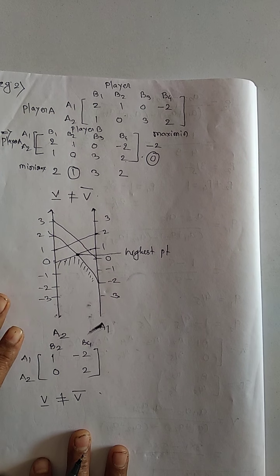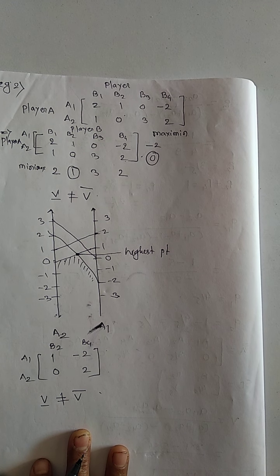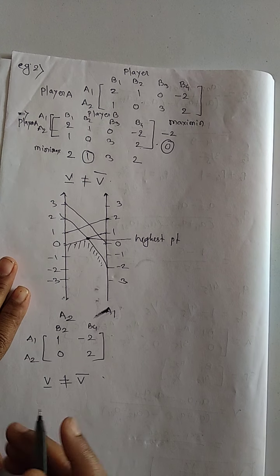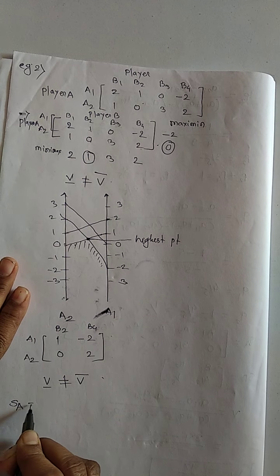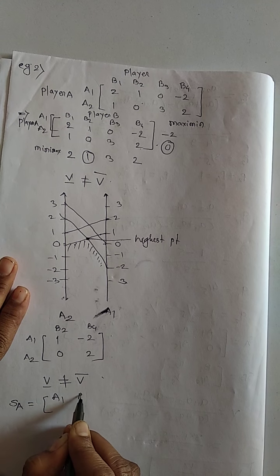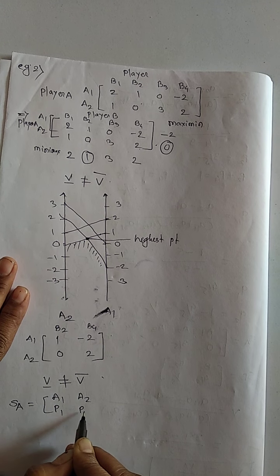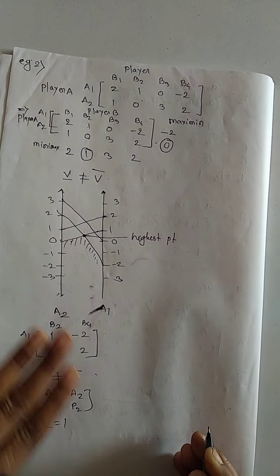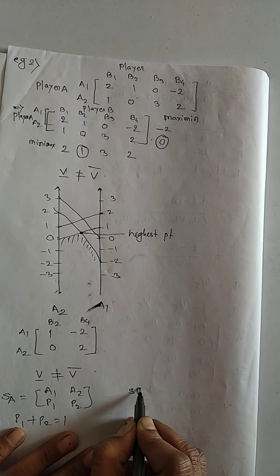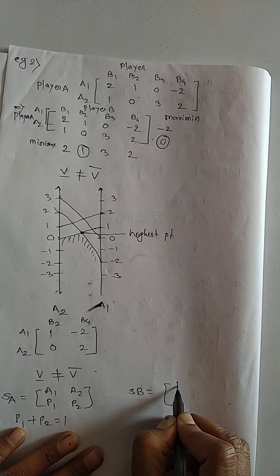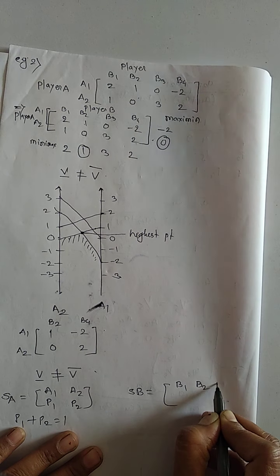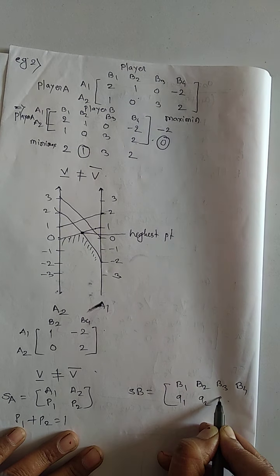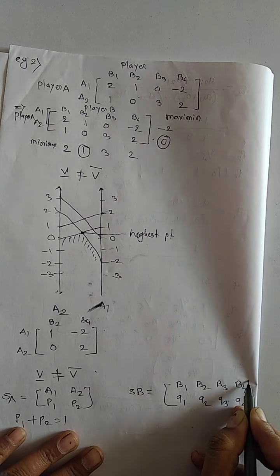First, write the optimal strategy for player A. Optimal strategy for player A is SA equal to A1 A2, P1 P2, and here P1 plus P2 is equal to 1. Optimal strategy for player B is B1 B2 B3 B4, that is Q1 Q2 Q3 Q4.